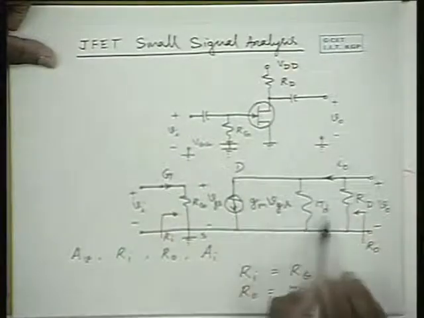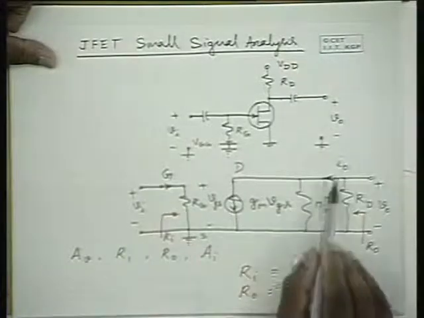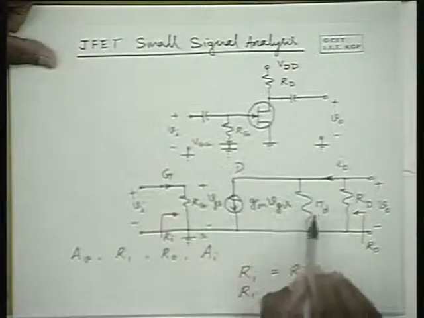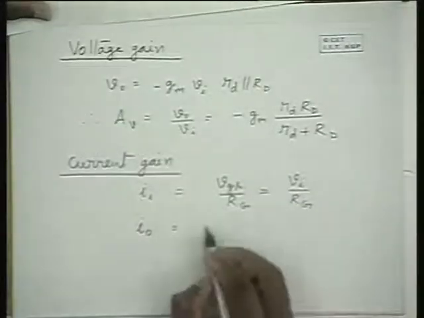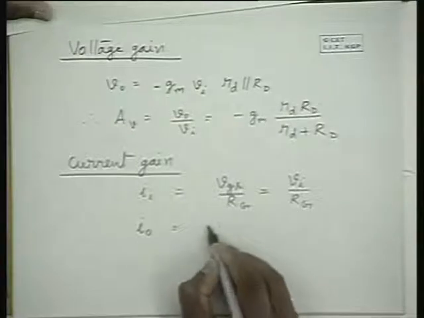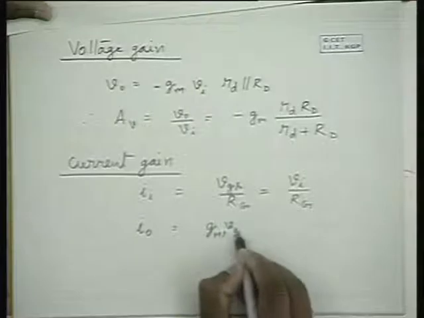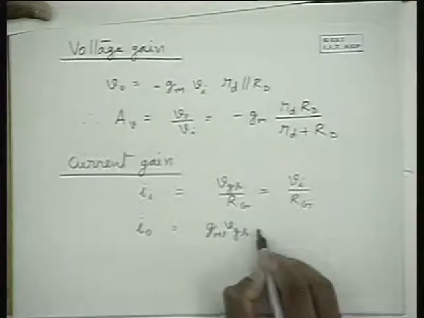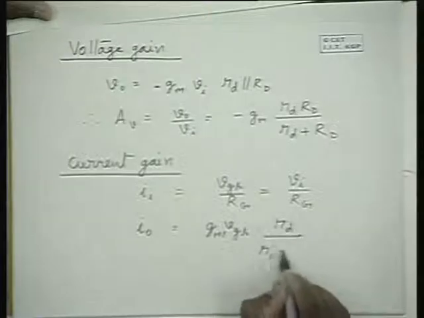That means this current gets divided between small rd and capital RD. Hence, I naught is this current multiplied by small rd divided by small rd plus capital RD. Therefore, I naught is this current GM VGS multiplied by small rd by small rd plus capital RD.